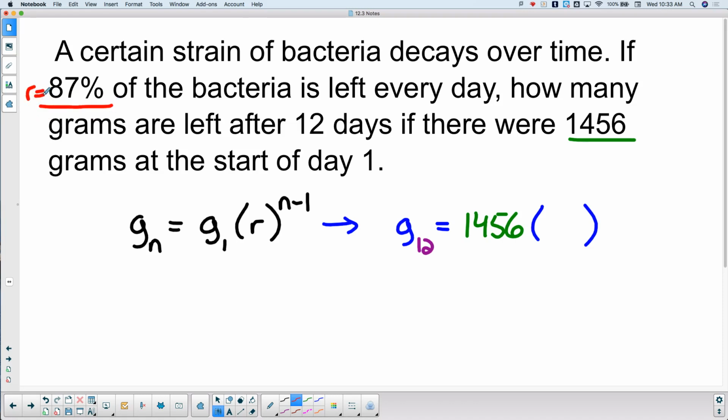In decimal form, it would be 0.87 to the 12 minus 1 power. Straight up calculation.